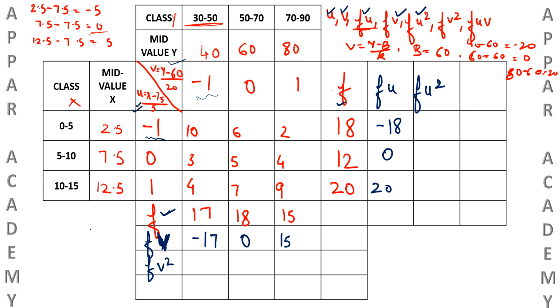So u square into f, or you can also think of it as fu multiplied by u. To find fu square, we can multiply fu into u. So this becomes minus 1 into minus 18, which is 18. 0 into 0 becomes 0. 20 into 1 becomes 20.